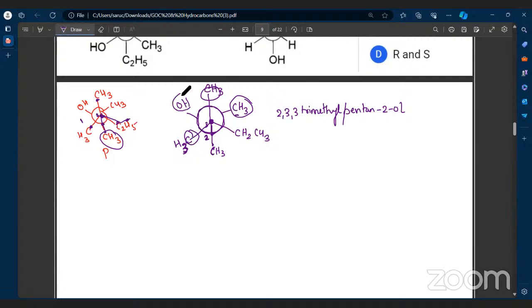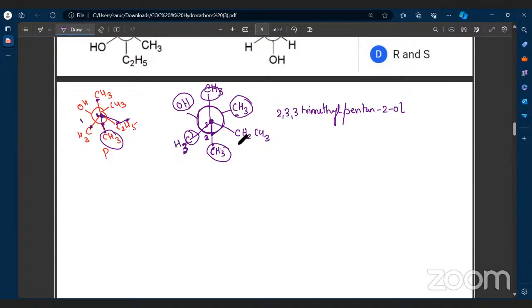And here too you have OH, CH3 attached. And here too you have CH3 attached. So can you write the Fischer projection for them?